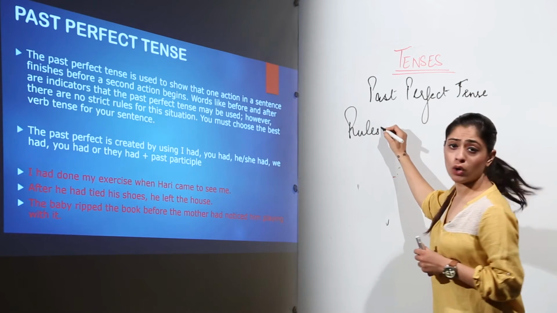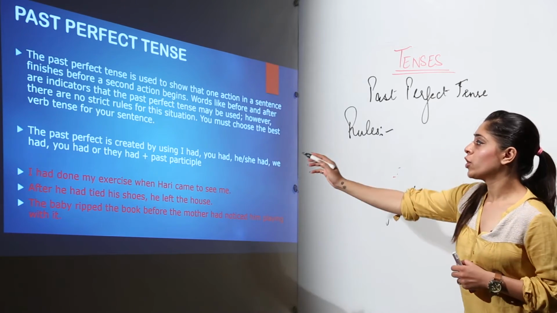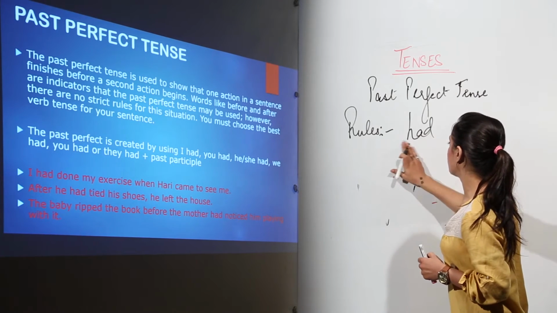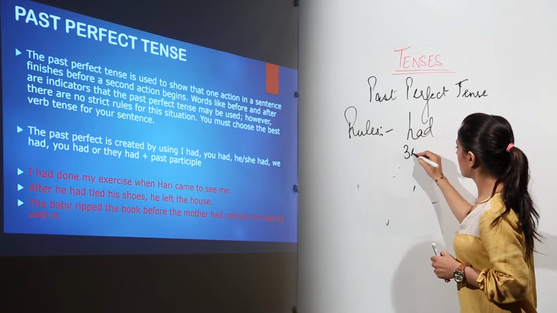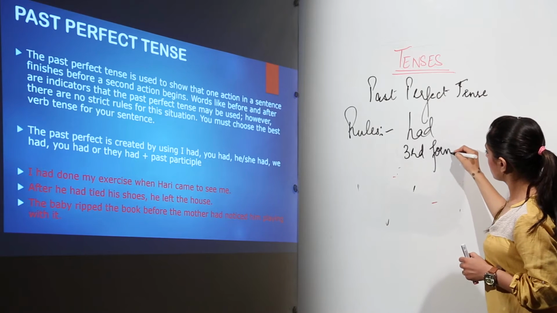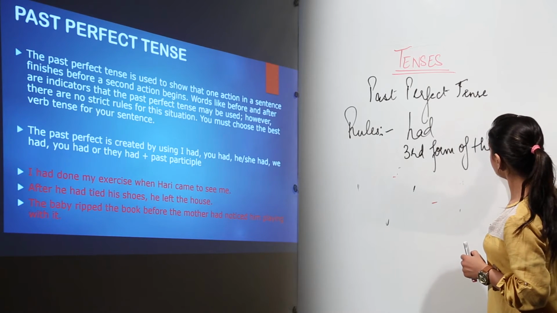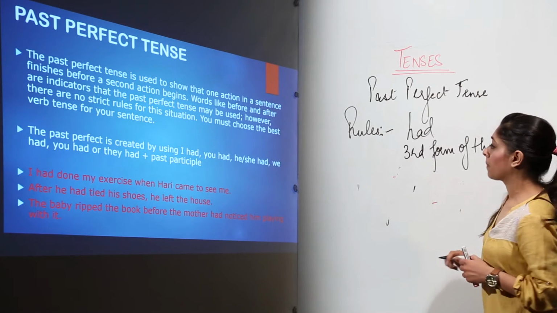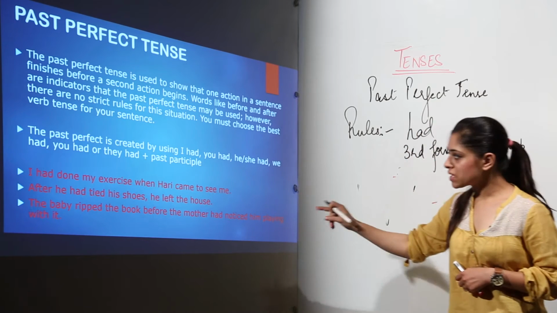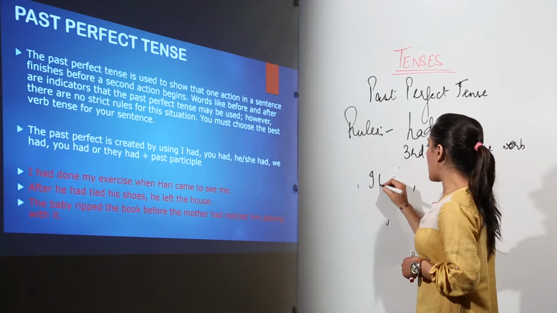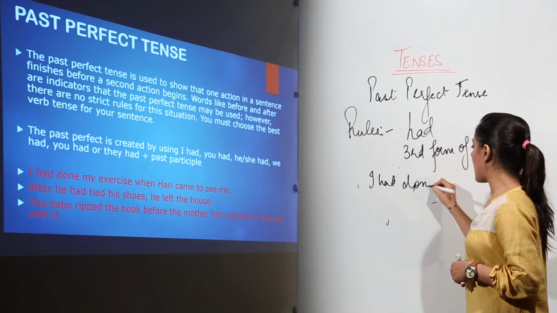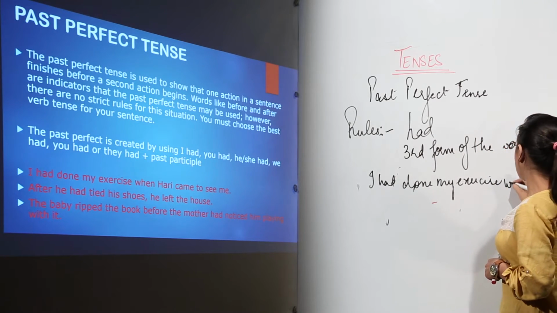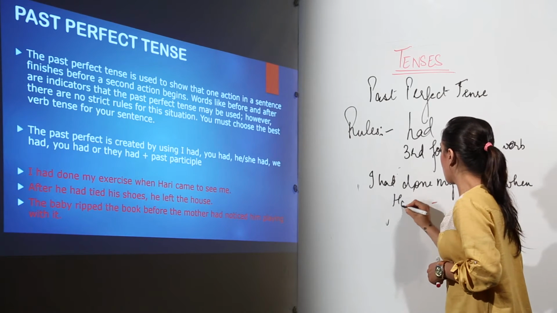Now the rules followed for this tense are: you use had and the third form of the verb. For example, we'll take an example from the screen itself that says, I had done my exercise when Hari came to see me.